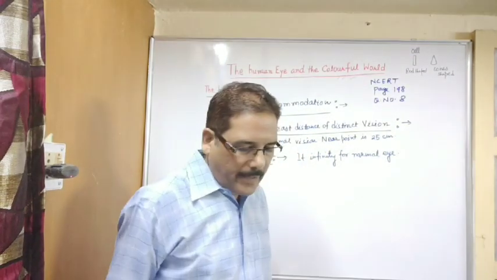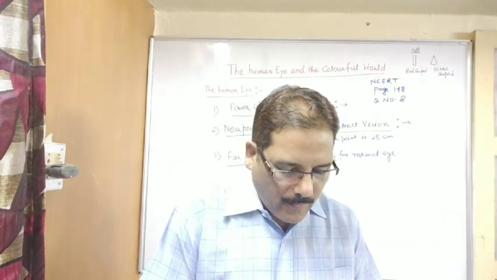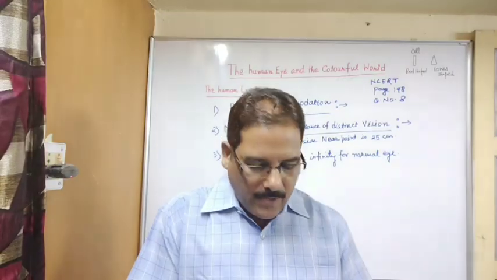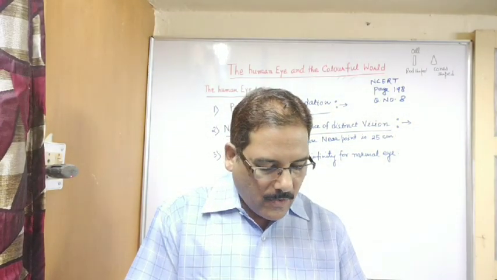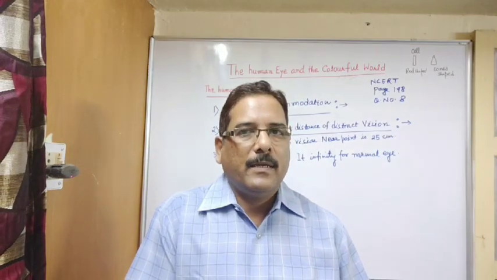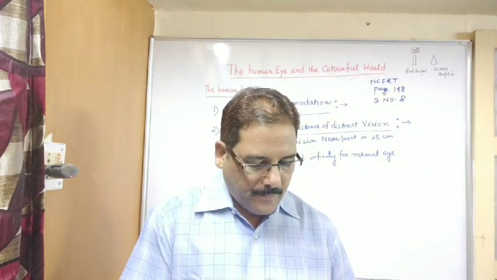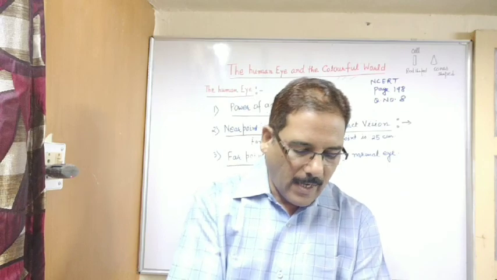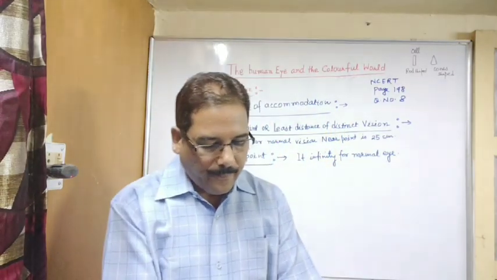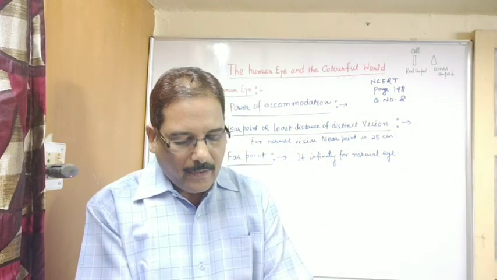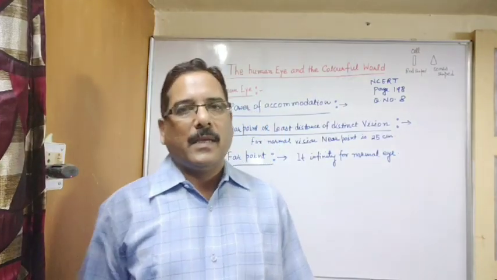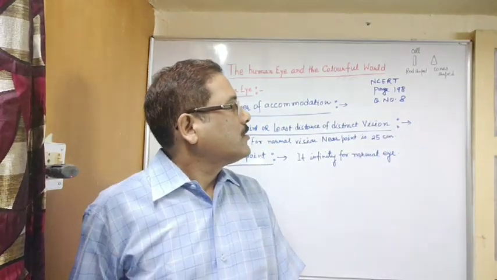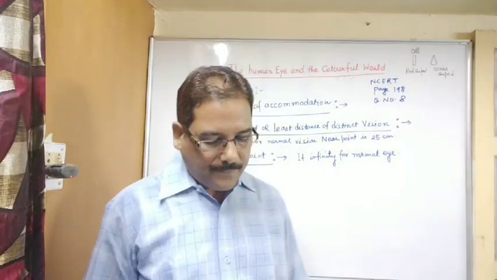Question number 8 is, why is a normal eye not able to see clearly the objects placed closer than 25 centimeter? So write an answer for it.